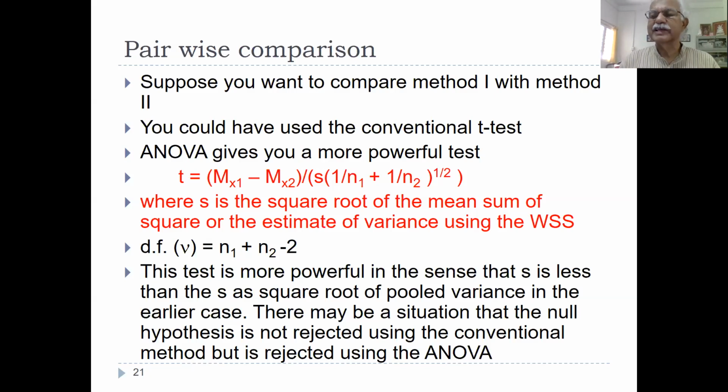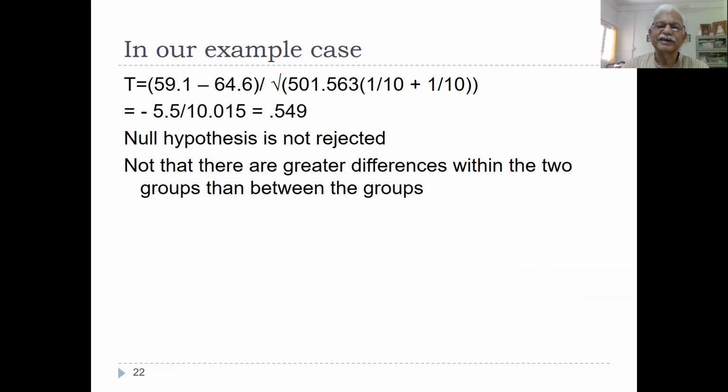So the residual variance will decline and the value of S will decline. When the value of S, which appears in the denominator, declines, then the value of t will increase. So the chance of rejection of null hypothesis will be higher. And this is what we mean by saying that ANOVA provides a more powerful test even for making comparisons pairwise.